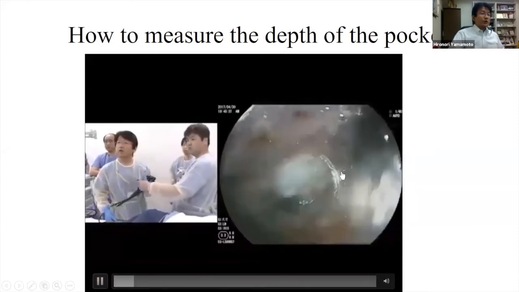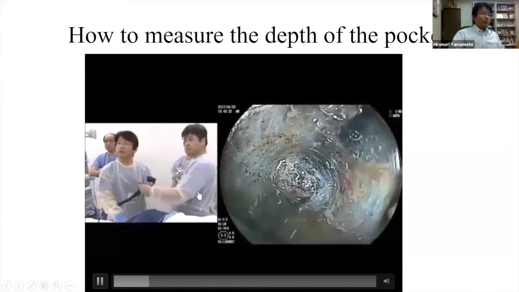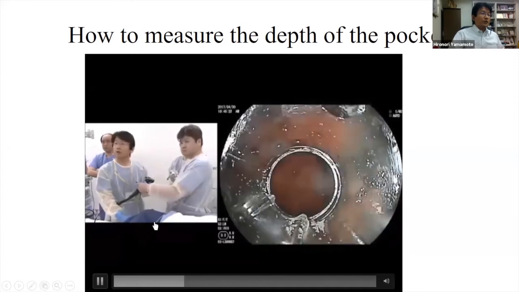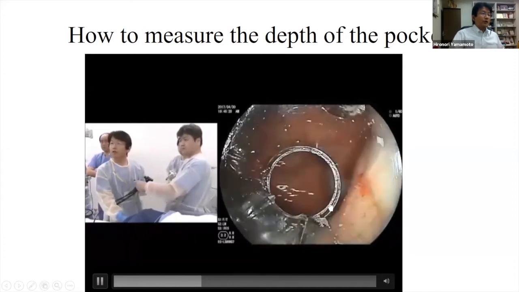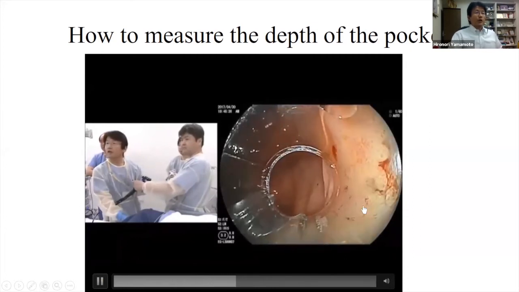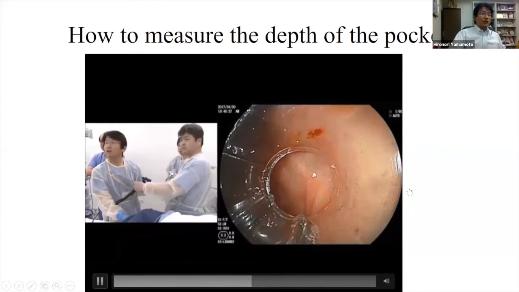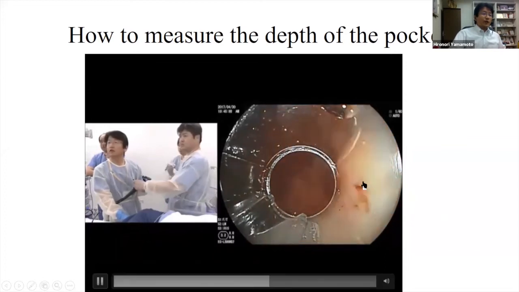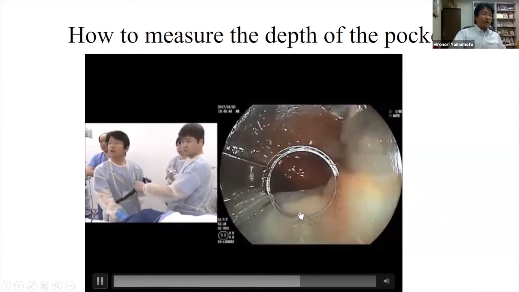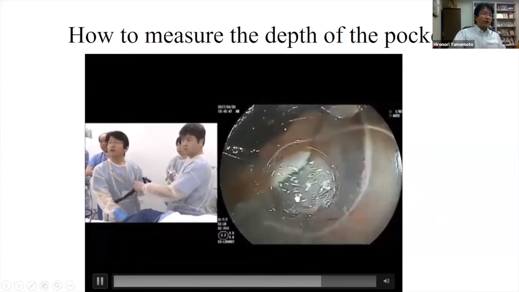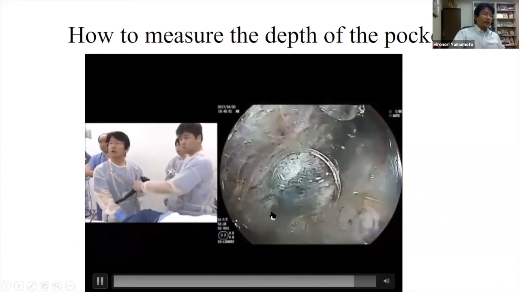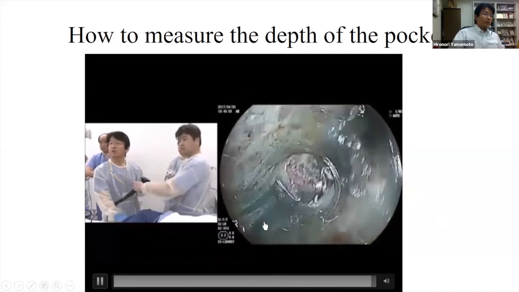This is the submucosal pocket. To measure, I put my hand to the anus, measure the depth of the pocket, insert the same length, and compare the depth of the pocket with the size of the lesion. And depth is okay. And now the width. This is the left edge of the lesion. Then I see the inside of the pocket, and it's almost okay.